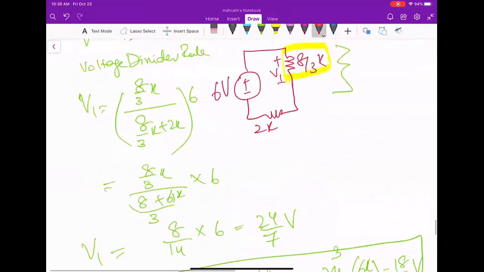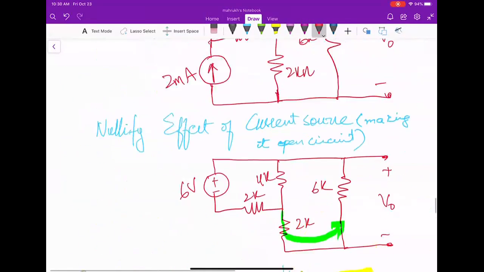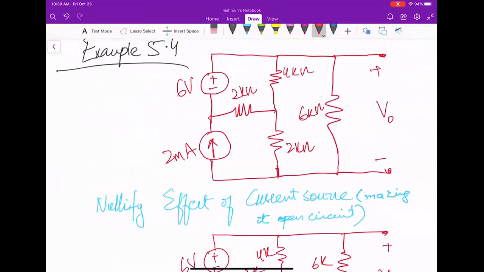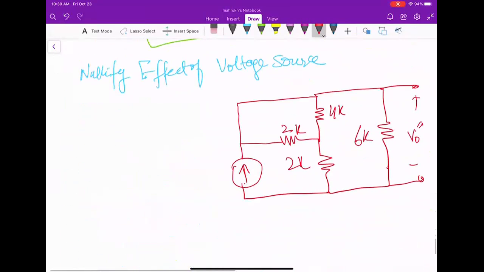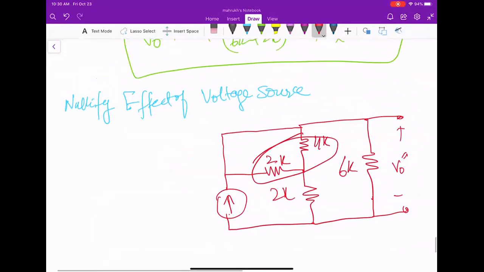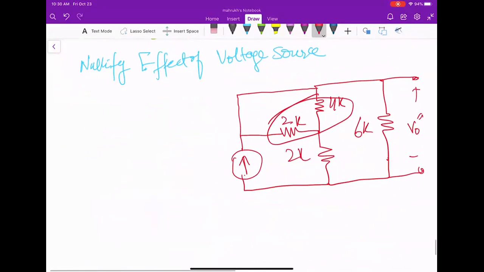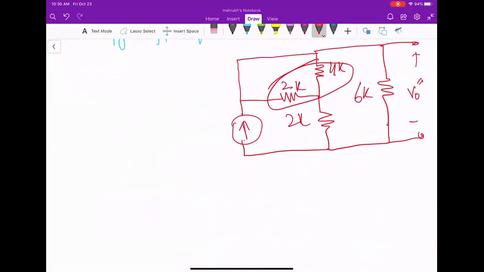After nullifying the effect of the voltage source, I am just replacing it with a single wire, and then my circuit will be this. Okay, sounds good. So I want to simplify the circuit. I will just do a parallel combination of this part, and this will make my circuit a little bit simpler. So I'll just do this.